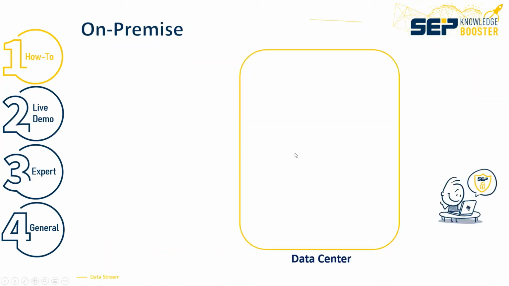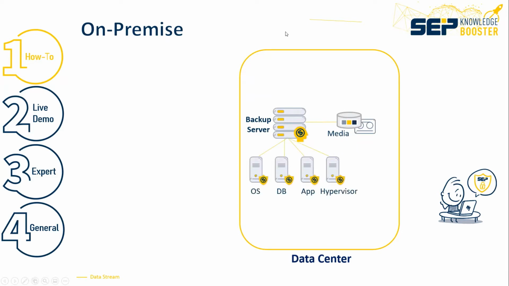Yeah, if we talk about SEP, in the past, we were talking about on-premise backup infrastructure in your data center. You might have seen this picture already, with the backup server being on premise, no matter if it's Windows or Linux, having access to the media which is on premise, any kind of storage, DDoP storage, tape, and so on.